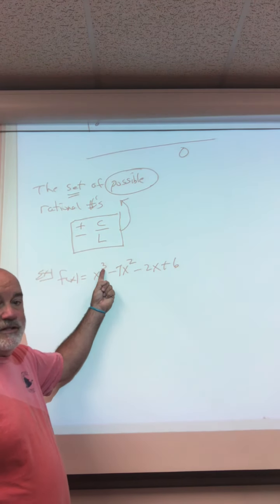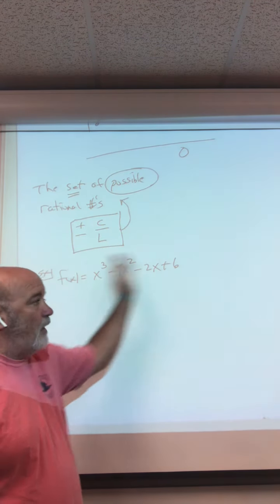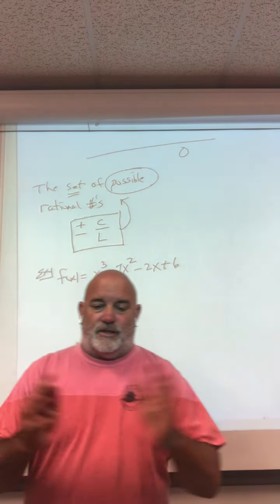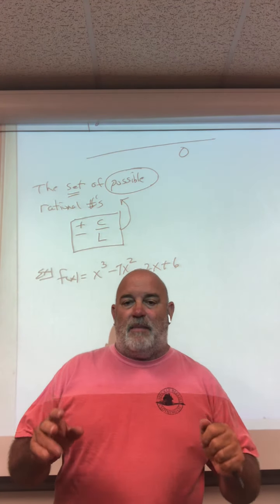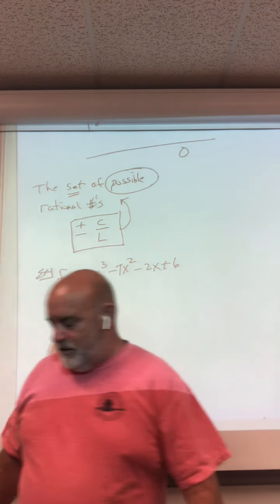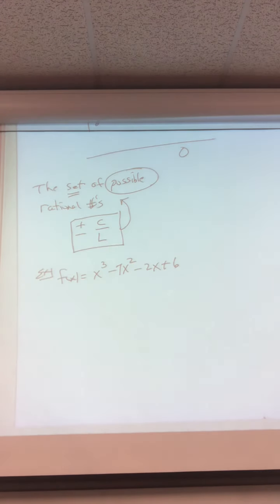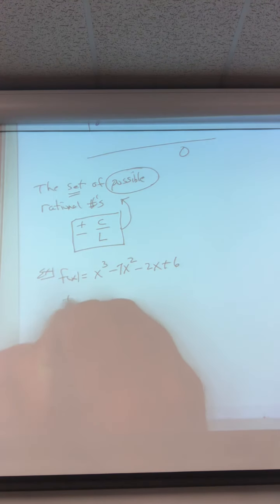Now, this problem has 3 zeros, but I don't know any of them. So the first thing I want to do is generate my suspect list. All right, so how do we do that? How do we develop our list of suspects? That's the possible rational zeros. So it's this formula right here.